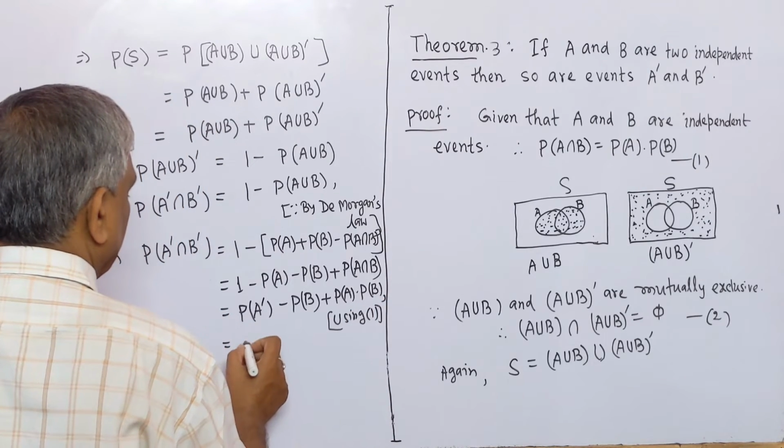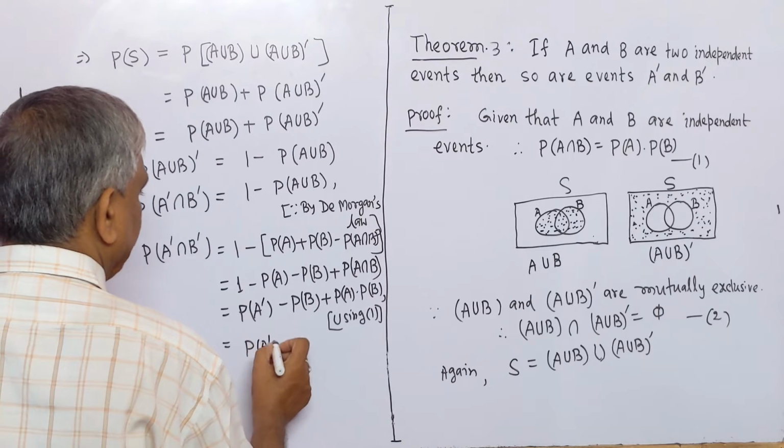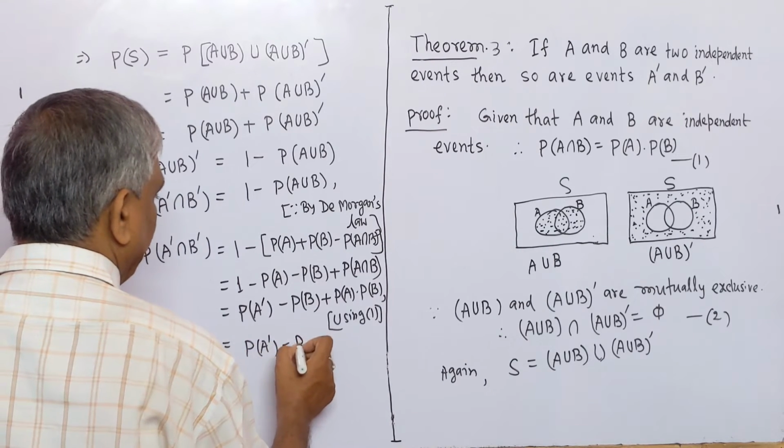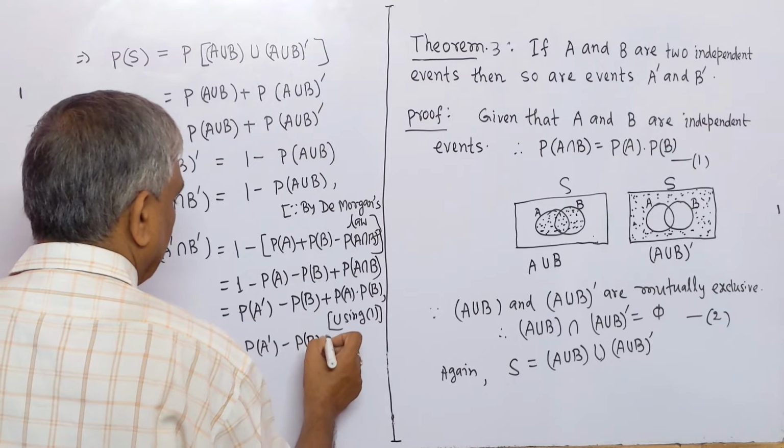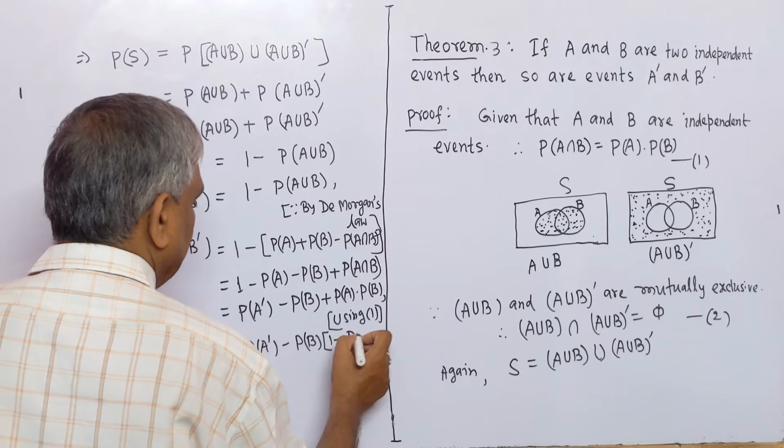This equal to P complement of A minus PB plus PA PB. Here we take common PB, 1 minus PA.